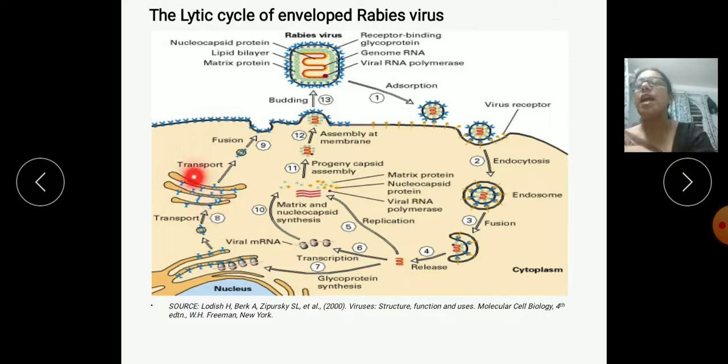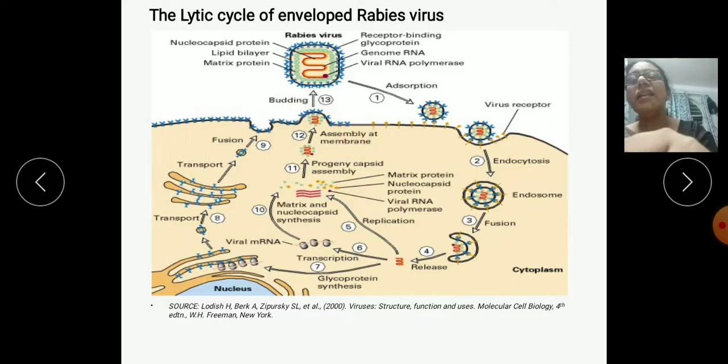In the Golgi apparatus, they attach with the vesicles. After they attach with the vesicle, they come to the plasma membrane of the host cell. The glycoprotein is released on the plasma membrane of the host cell. Here you can see the blue color receptors. These are the glycoproteins of the virus.